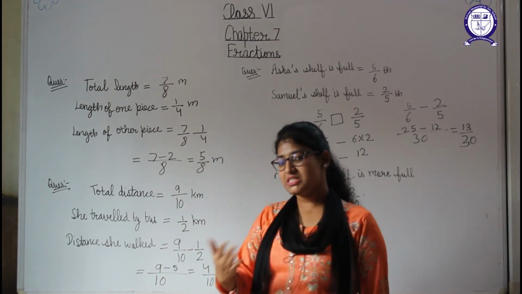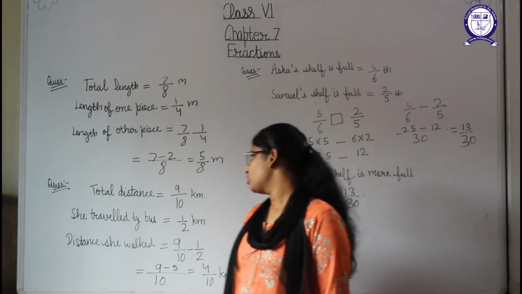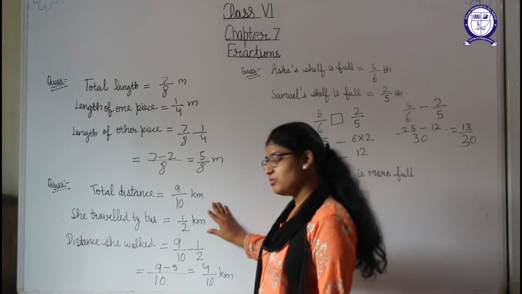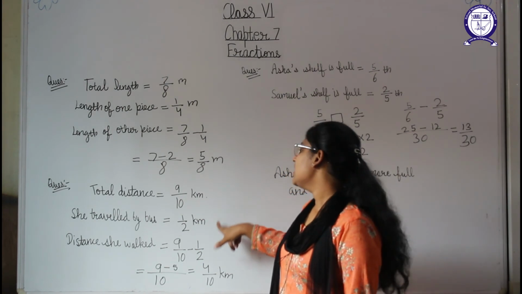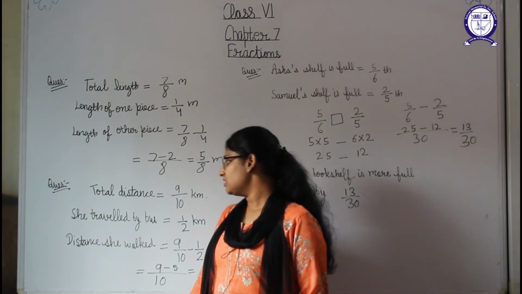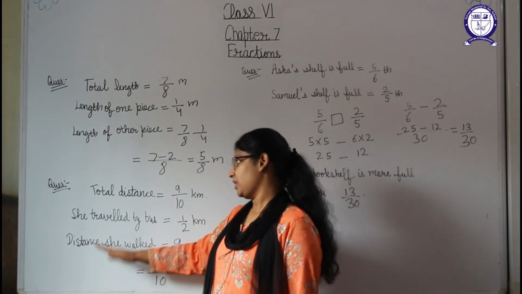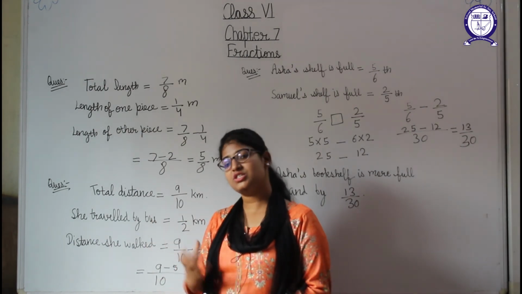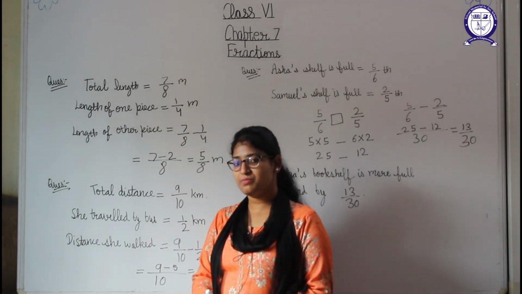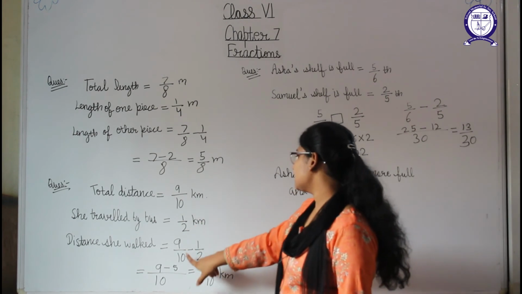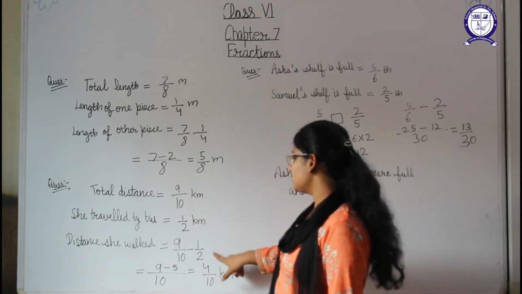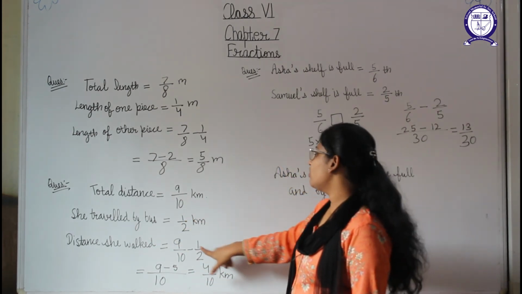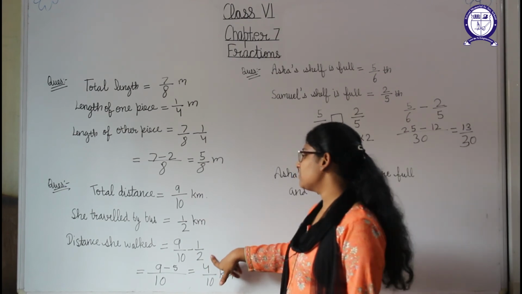She walked some distance and then she took a bus. So she traveled by bus half kilometer, 1 by 2 kilometer. It means the distance she walked will be total distance minus the distance she traveled by bus. So total distance is 9 by 10, and she traveled by bus 1 by 2.